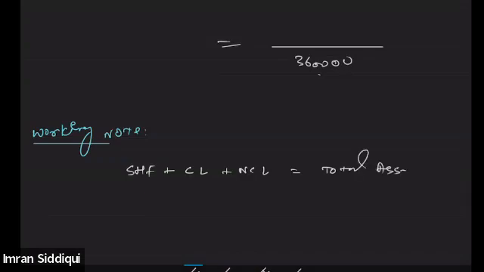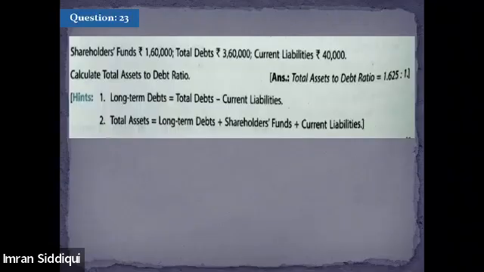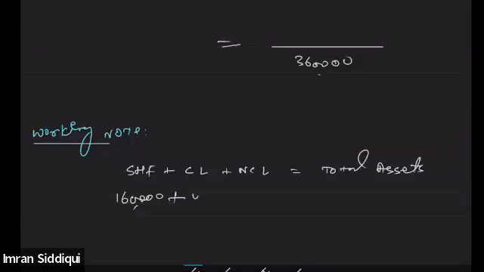Do you understand that? Shareholder fund is already given in the question. Current liability is also there, 40,000. The non-current liability is not given directly, but the total debt is the sum total of the current and non-current liability. Do you understand that?